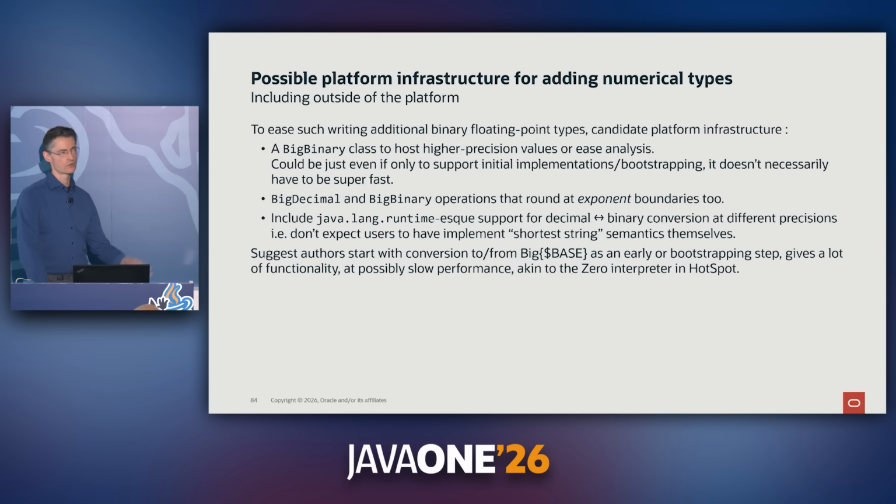So some infrastructure we're considering to allow other parties to write new binary formats of other precisions would be something like a BigBinary class in the platform that wouldn't be aimed at end users, but at library developers. This class could have a math context object similar to BigDecimal, but instead of just rounding the precision of the results, also round the exponent range. Because some of the tricky rounding cases involved, say, the subnormal range where you have fewer digits available.